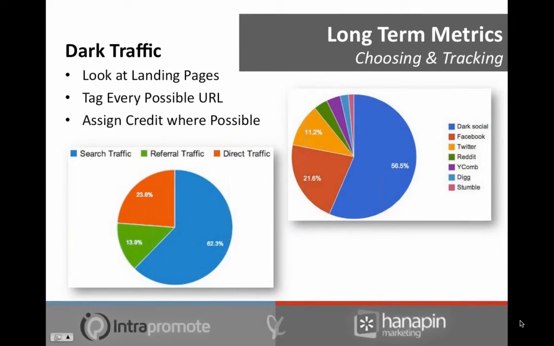So analytics packages like Omniture or Google Analytics will say, well, it's type-in traffic, meaning that they just go to the URL bar in your browser and start typing, you know, yahoo.com or google.com or hennepinmarketing.com, etc. And that's one of the ways they get there, okay?